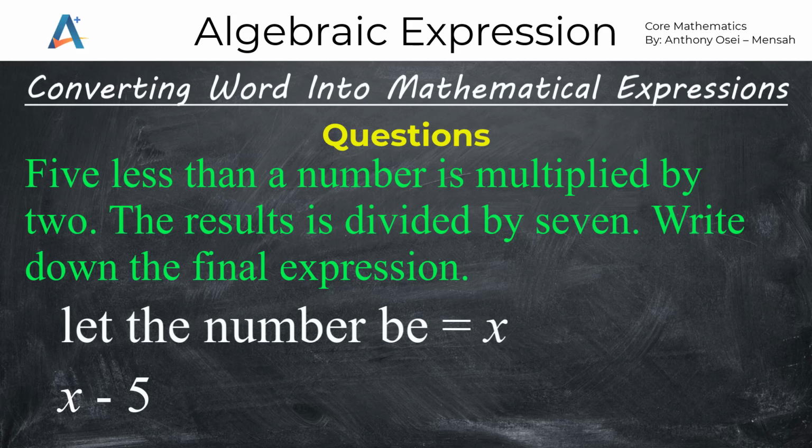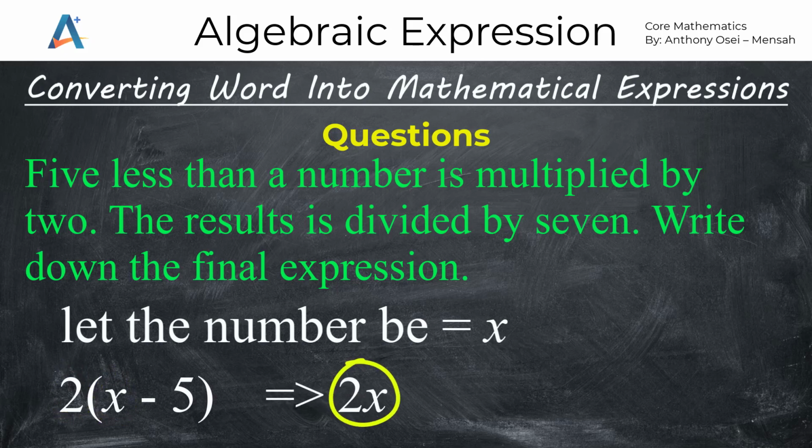Continue. It's multiplied by 2. What is multiplied by 2? 5 less than the number, which is x minus 5, is multiplied by 2. So everything here times 2. 2 into bracket x minus 5. So let's multiply. 2 times x will be 2x. 2 times minus 5 will be minus 10. Now we have 2x minus 10. Continue.